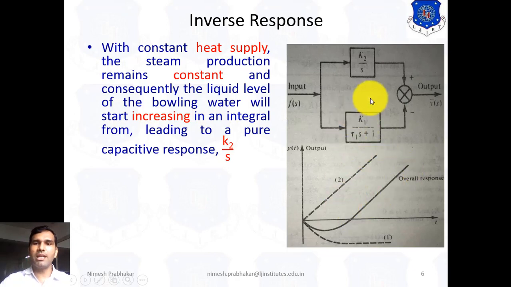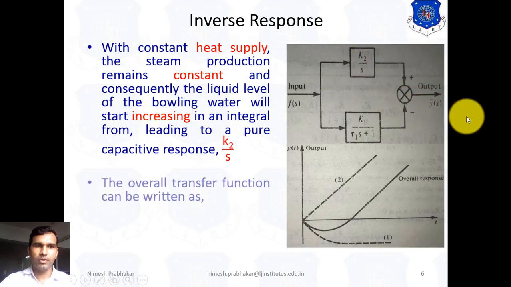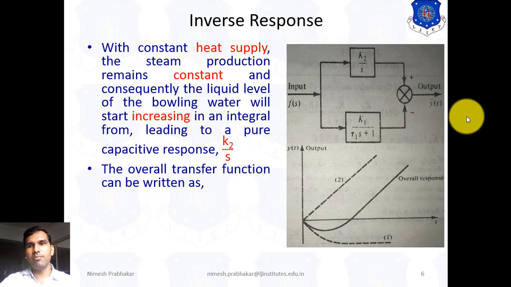So this is the mathematical model of this boiler drum system. Here this block represents the inverse response block, and this represents the continuous heat supply block. So the overall transfer function can be written as, here we connected these blocks in parallel form, and we know as per the rules of the block diagram, if we connect two blocks in parallel, the overall response is the summation.